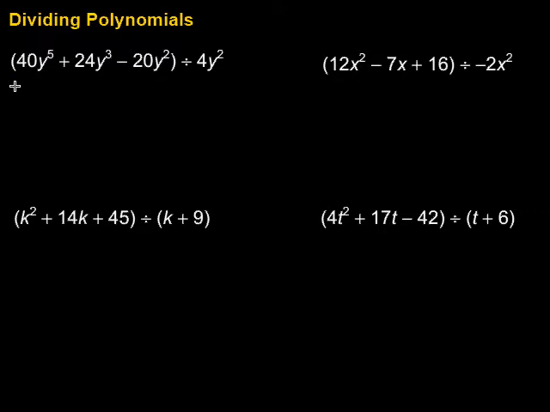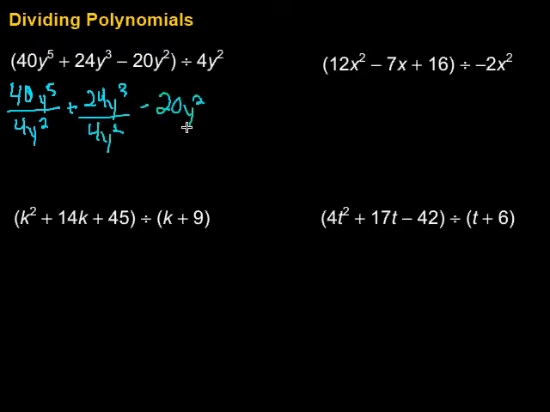So what I'm going to have here is 40y to the 5th, and we're going to divide that by the 4y squared, then plus 24y to the 3rd over 4y squared, then minus 20y squared over 4y squared. Okay, so I divided each piece by that 4y squared.